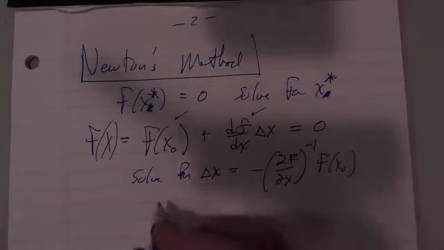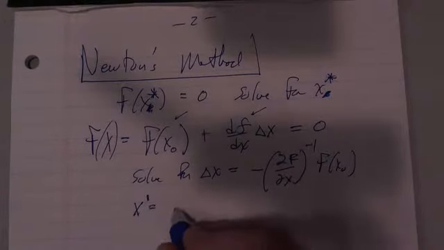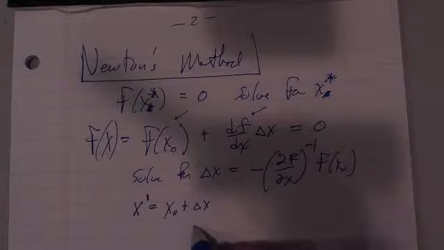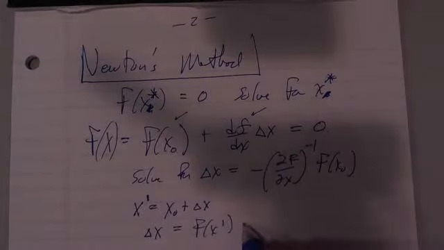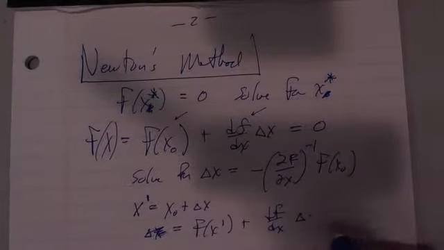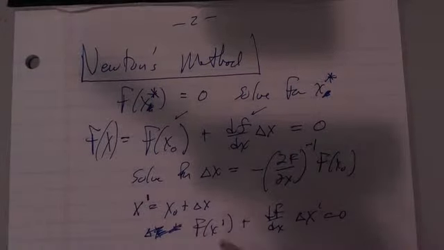And then you say, okay, so x new or x1 is equal to x0 plus delta x, and then you go back and solve for a new delta x: f of x1 plus df dx times delta x1 equals 0. And so you just do it again.